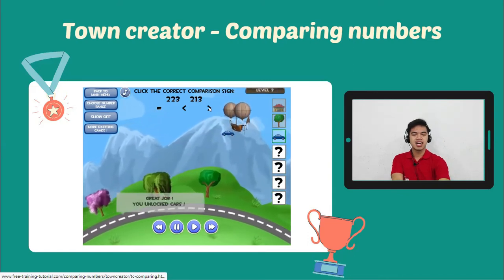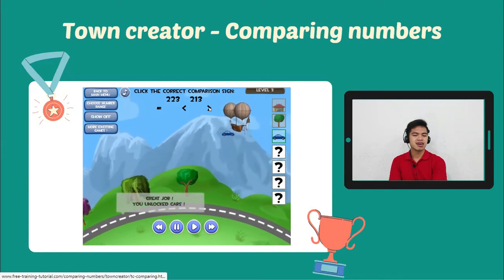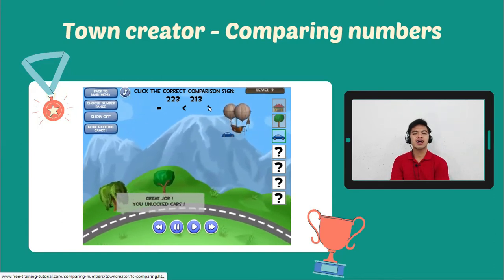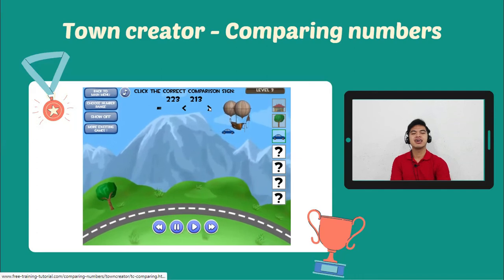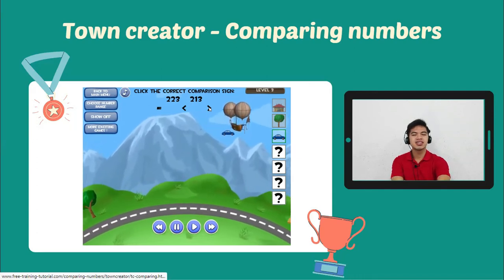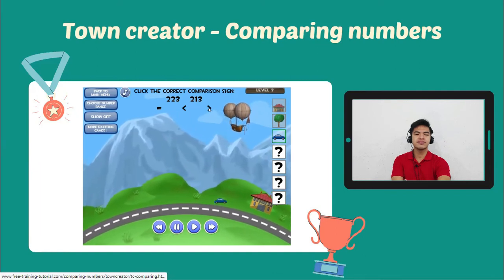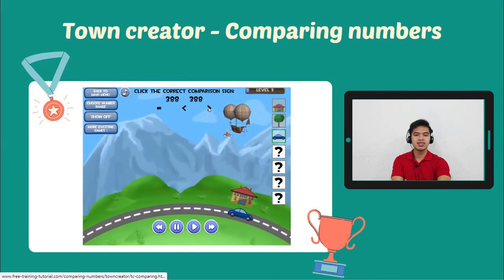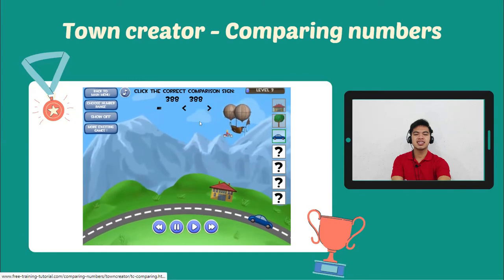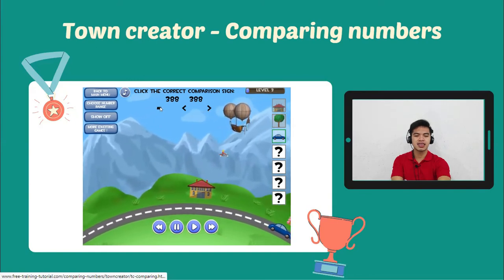Great job! You unlocked cars. So we can now put cars into our town. Let's go. Now we have here 223 is greater than 213. Wow, the car is moving. 388 is equal to 388.